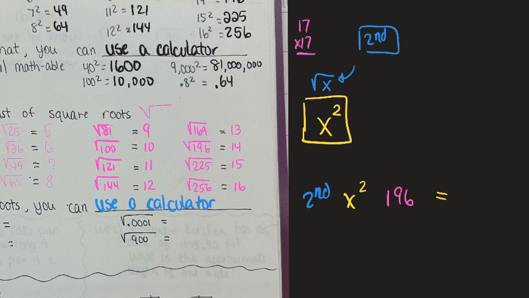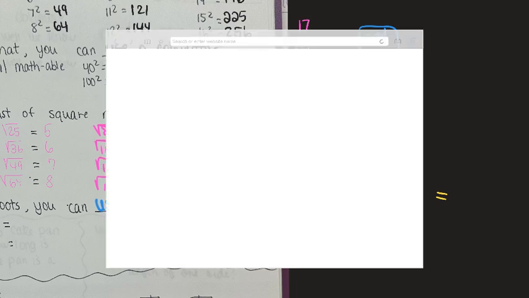Yeah. On my calculator that I have attached to my iPad, I have to do these two buttons backwards. I don't know, maybe I don't have to. Let me see something. I can go to my internet.